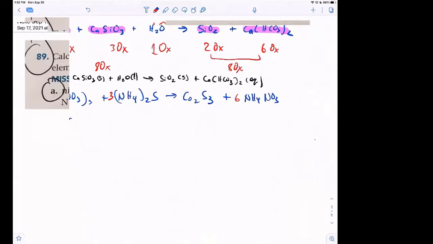Copper 1 oxide plus carbon yields copper plus carbon monoxide. Okay, so again, looking at ratios. Over here, copper 1 oxide, we have 2 coppers. So we need 2 coppers on the right.